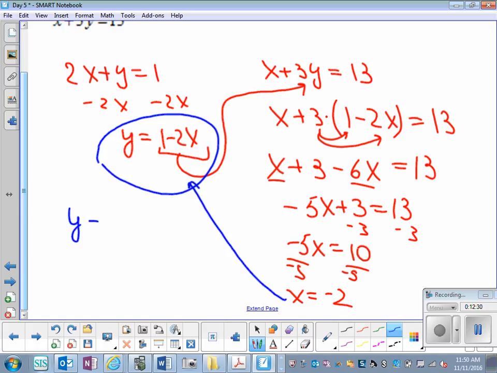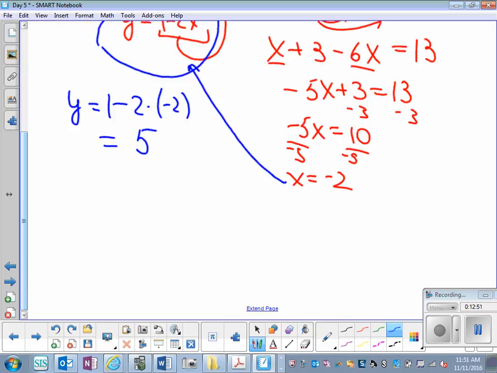So y equals 1 minus 2 times negative 2. So I solve 1 minus negative 4 is 1 plus 4, so it's 5. Correct? Very good. Yeah. And now we need to write the answer. Negative 2, 5. Yes, so my final answer, x, y equals negative 2, 5.